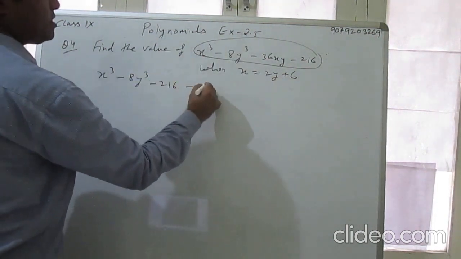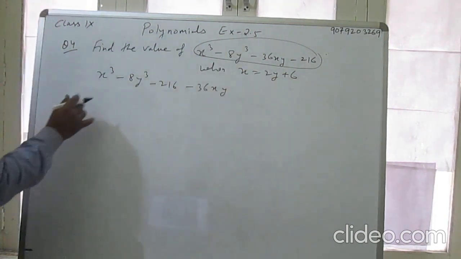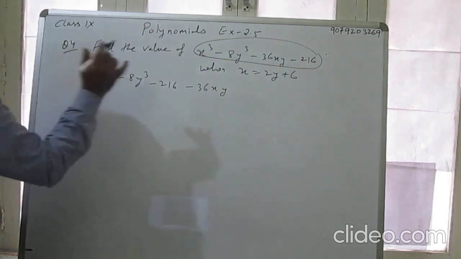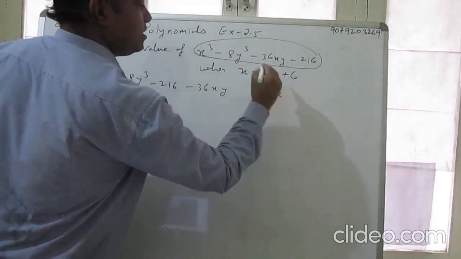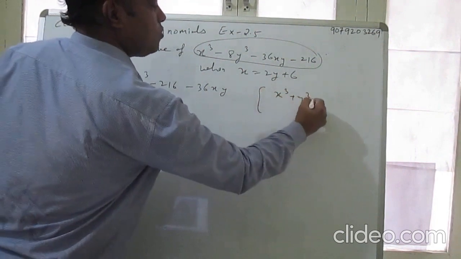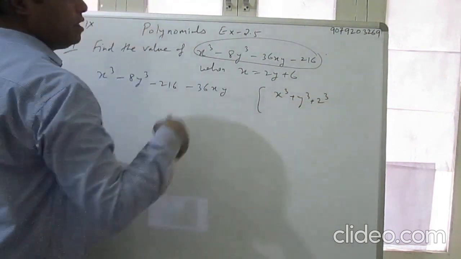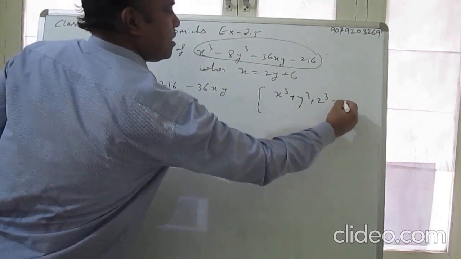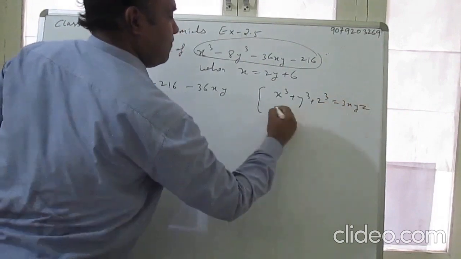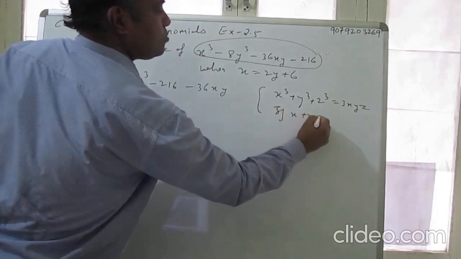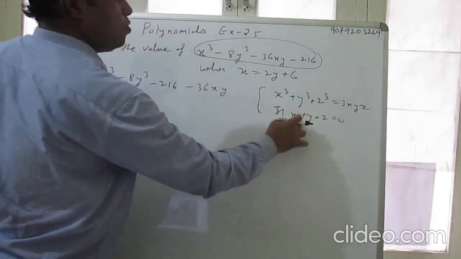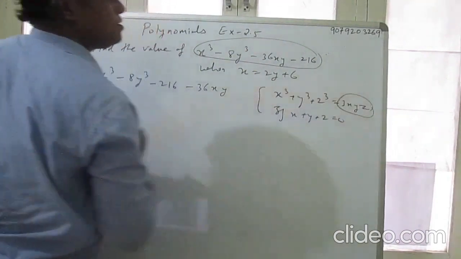So you can arrange this in the form of this identity: x cube plus y cube plus z cube is equal to 3xyz if x plus y plus z is equal to 0, then you can write this.